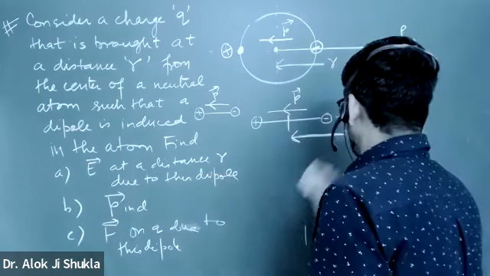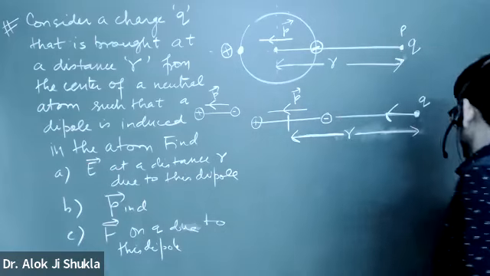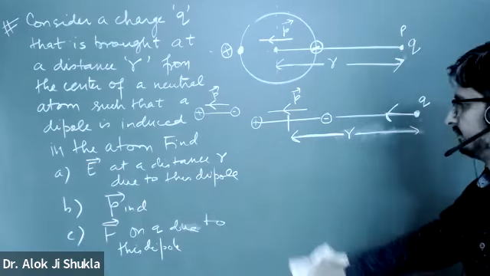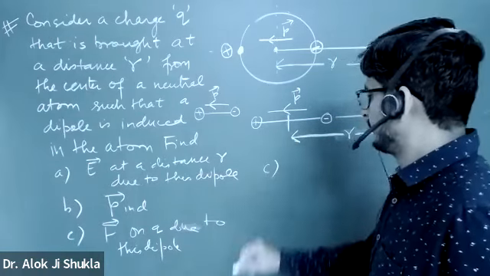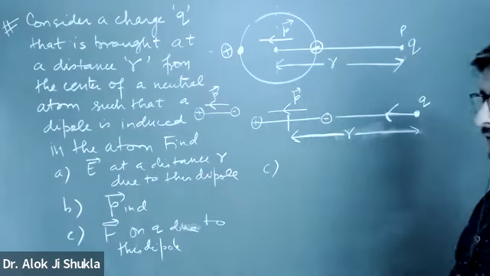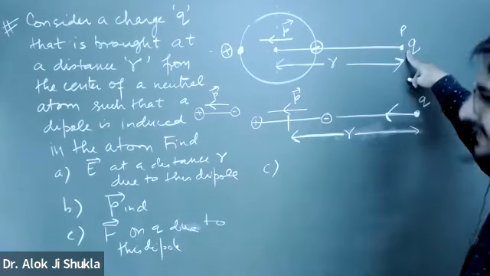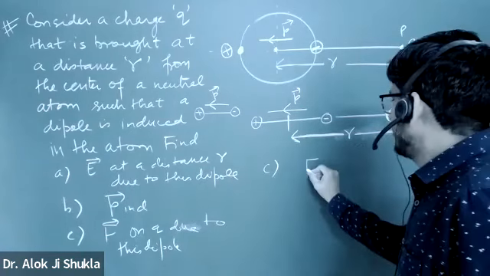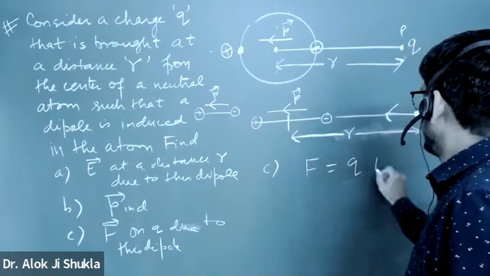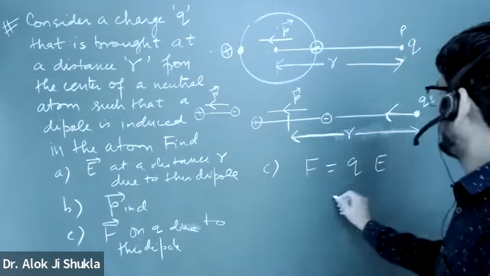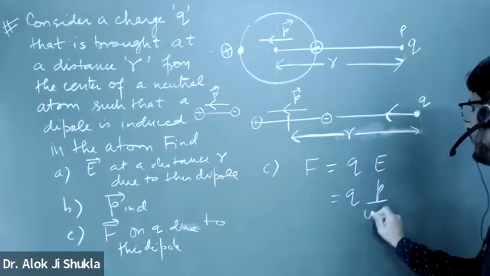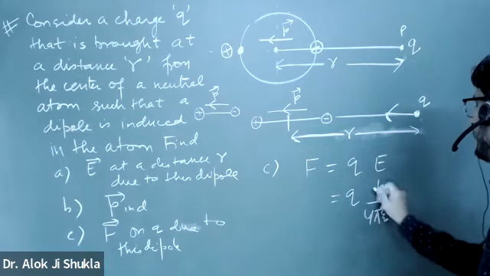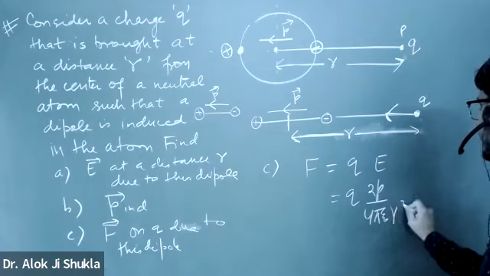So the C part. See, what is the force on this? It's very easy. Force is Q into electric field. What was the electric field here? Q into, tell me. 2p by 4 pi epsilon naught r cube.